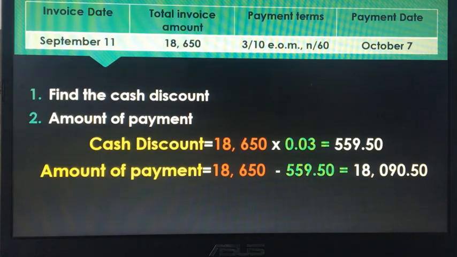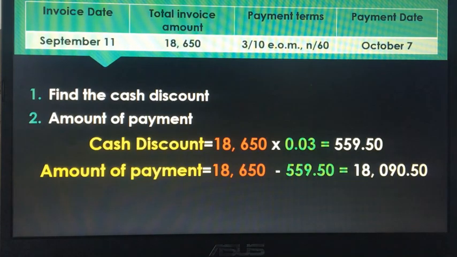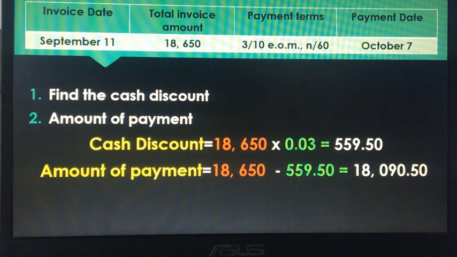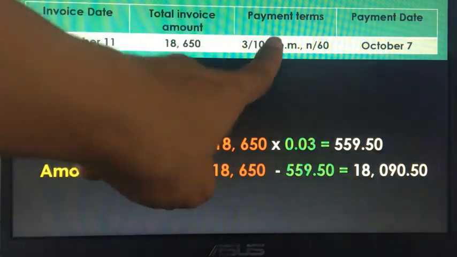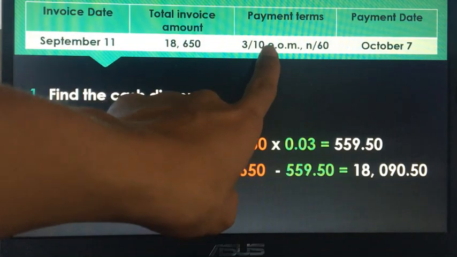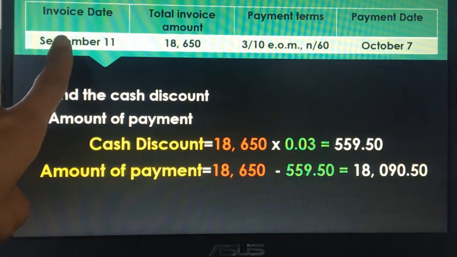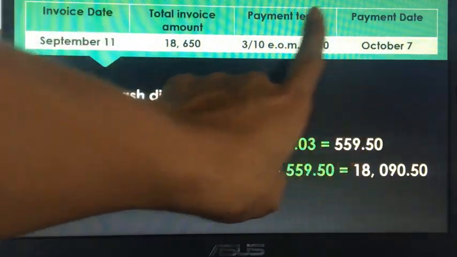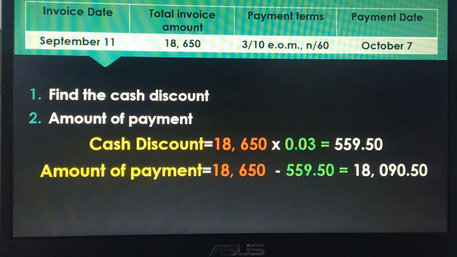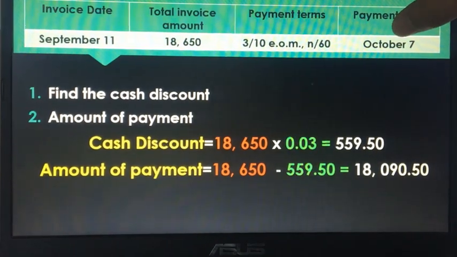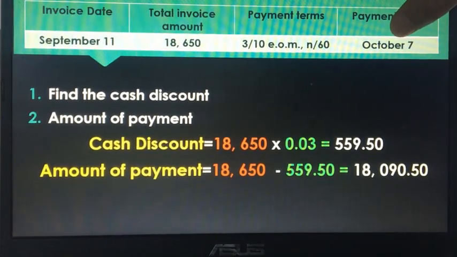The question is, is the buyer granted the 3% discount rate? Yes. Because 10 EOM means the first 10 days of the next month. The next month after September is October. So the first 10 days is between October 1 to October 10. Does October 7 fall under October 1 to October 10?